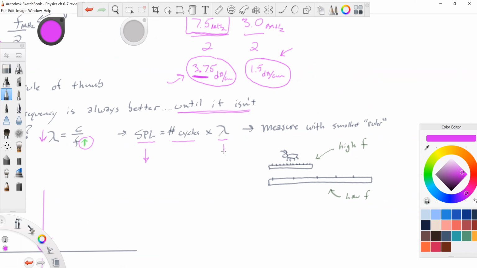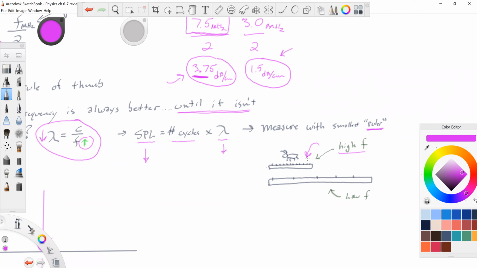Because your wavelength went down. And you always, always, always want to measure with the smallest ruler you can get. So if you have an ant, you measure with a small ruler, not a yardstick. So the high frequency is basically saying a really small ruler.